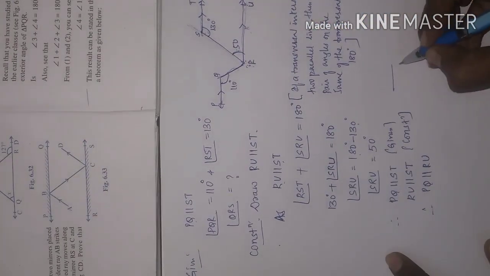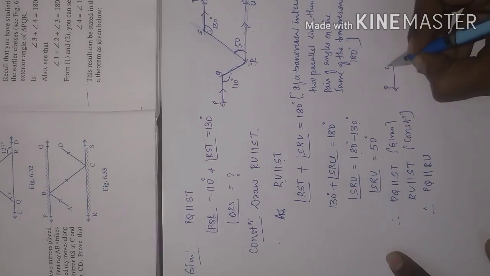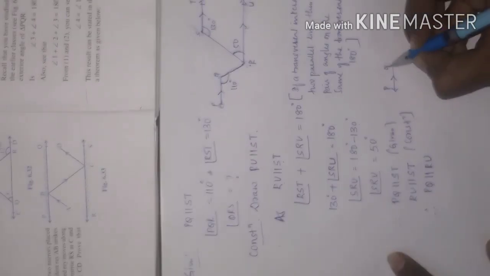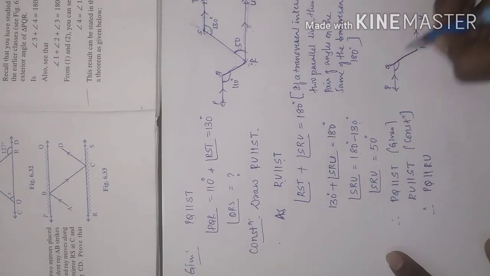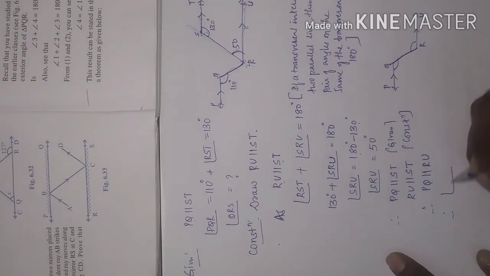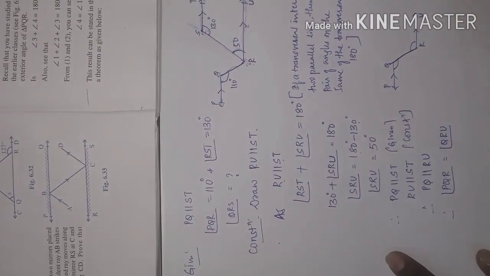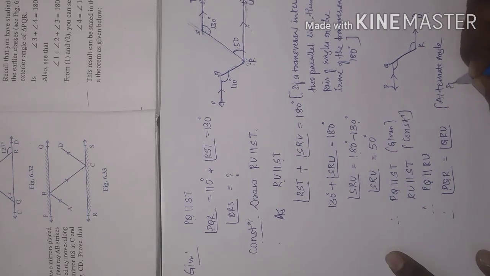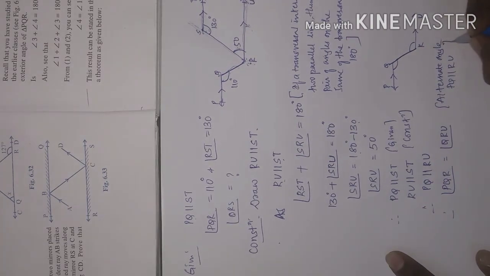As you know, PQ and RU are the parallel lines. This is the transversal line. That means the angles formed over here are alternate angles and they are equal to each other. Yes? Therefore angle PQR is equal to angle QRU because of alternate angles, that is PQ is parallel to RU. Clear with this?